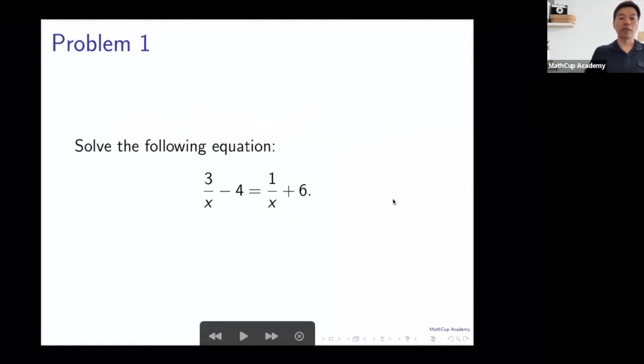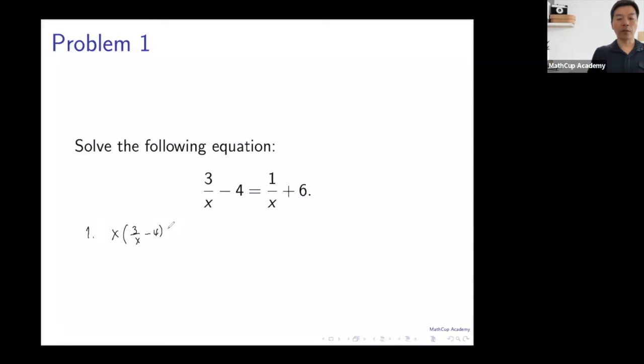The problem says solve the following equation: 3 over x minus 4 equals 1 over x plus 6. There are in general two approaches we can take. The first one is to realize that if I multiply x to both sides of the equation, you get the following.